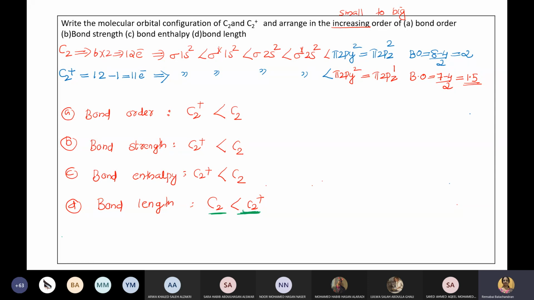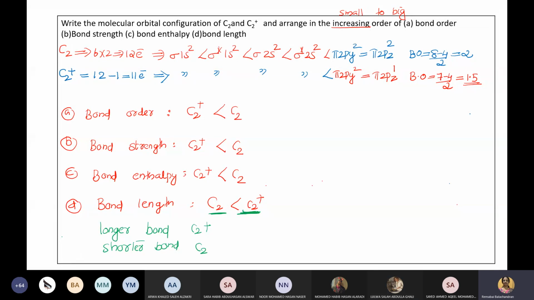Okay. Now, what does it mean? Which one is the longer bond? C2 plus. Yes, C2 plus has the longer bond. C2 has the shorter bond, right?